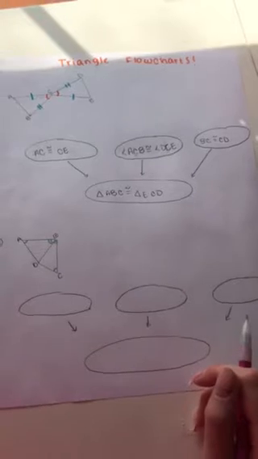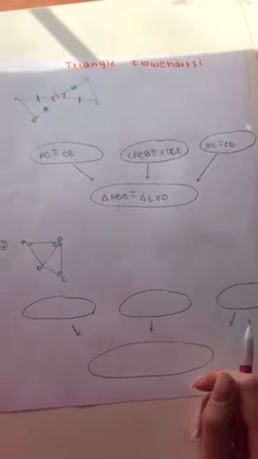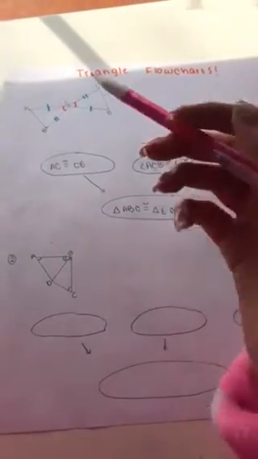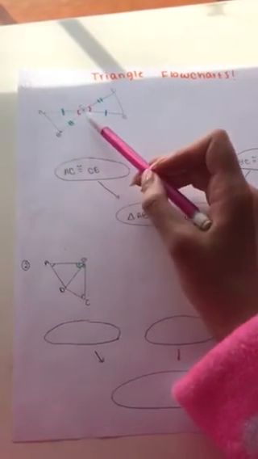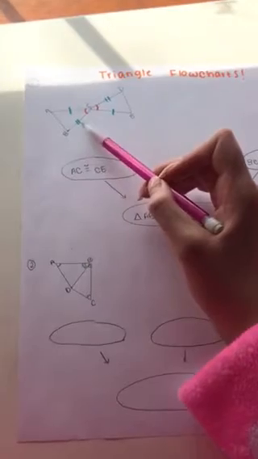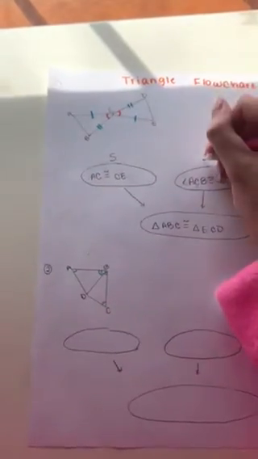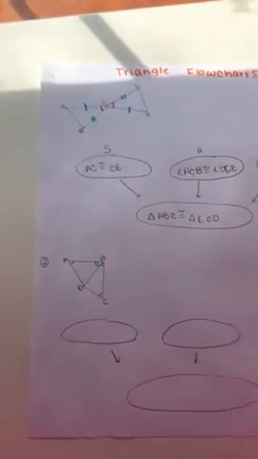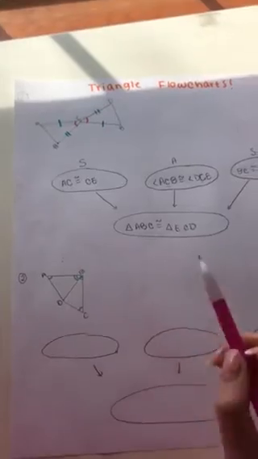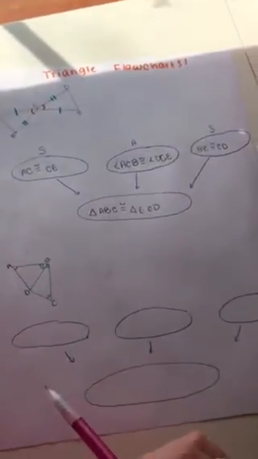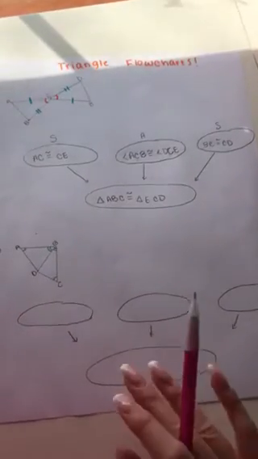So this is the completed flowchart for the first one, and we always want to write which congruence theorem we are using. For this one, we are using side, angle, side, because the angle is in between the two sides here. So if you want to write that on top, side, angle, side, or you can write it below down here, either one works. Just make sure you're putting which congruence theorem you're using somewhere in your flowchart.